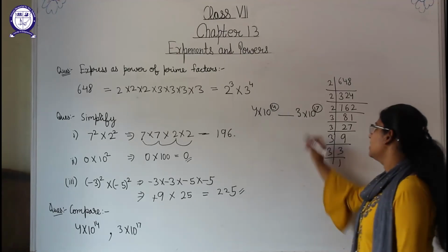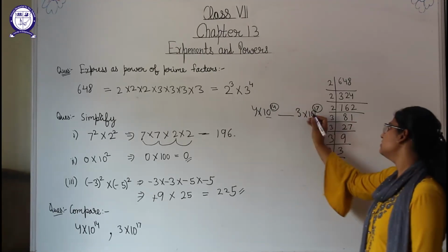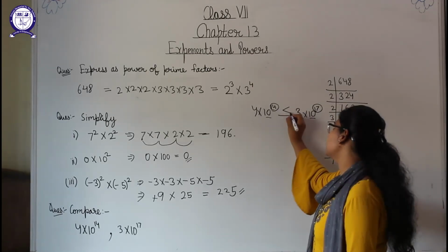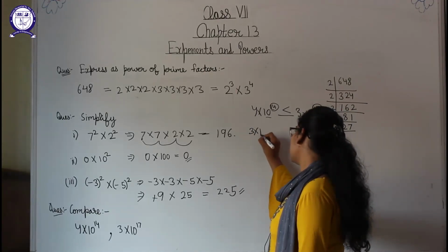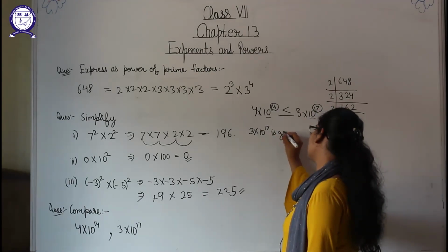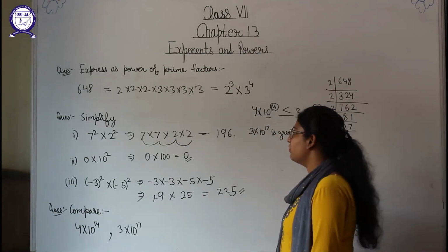Here 10 and 10 are the same, but whose power is more? Here 10 raised to the power 17 is more. It means we will put the sign like this: 3 into 10 raised to the power 17 is greater than 4 into 10 raised to the power 14.